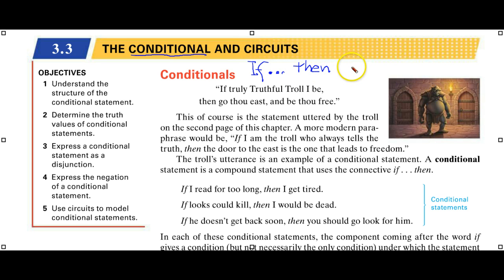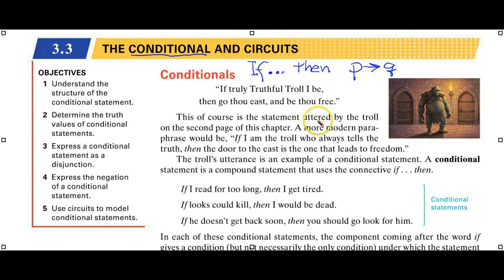In our way of illustrating it here, if P, then Q. The P, or the if part of your statement, is referred to as the antecedent, and that's what comes before, and then Q would be the consequent.